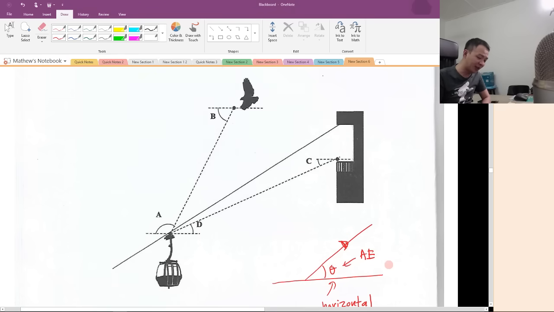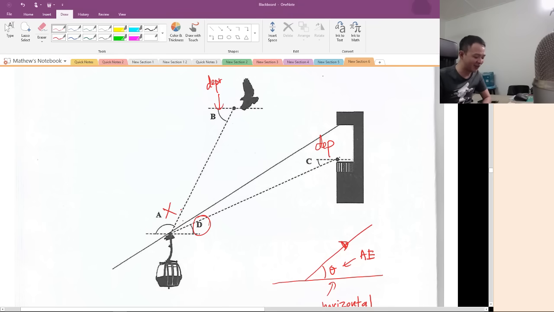So over here, I will find a horizontal line. I have a horizontal line here, but this one looks down, so this one is a depression. I have a horizontal line and I look upwards, so this one will be elevation. Horizontal line, look downward, this is depression. And this other angle, I have no idea what it is.